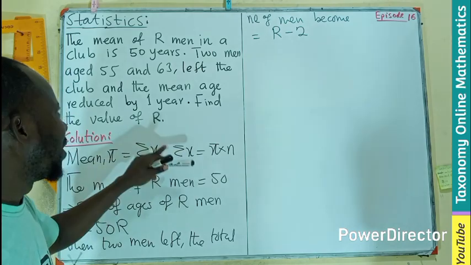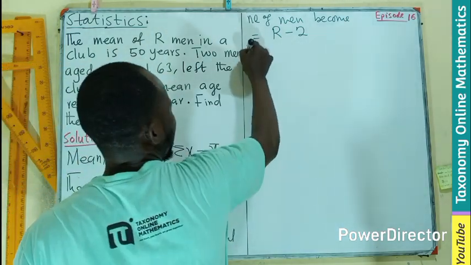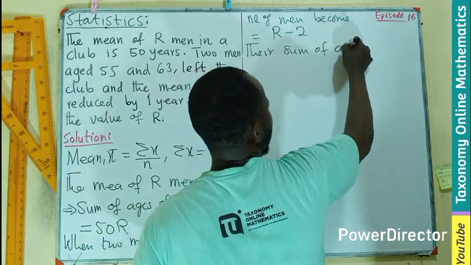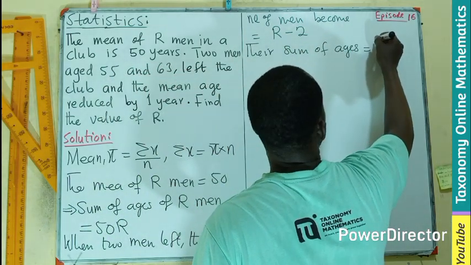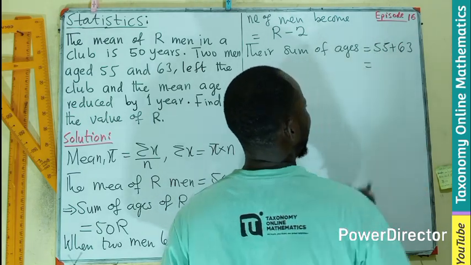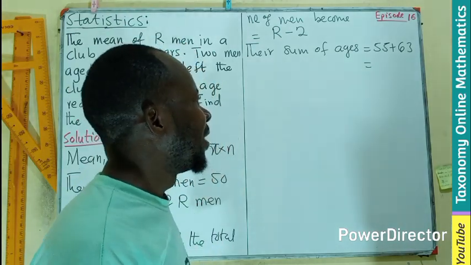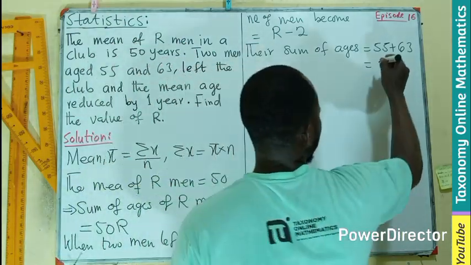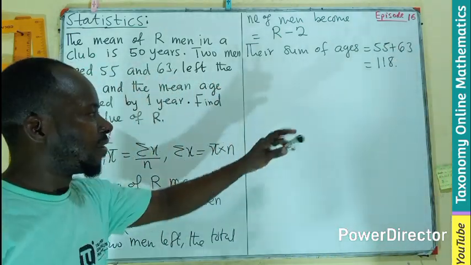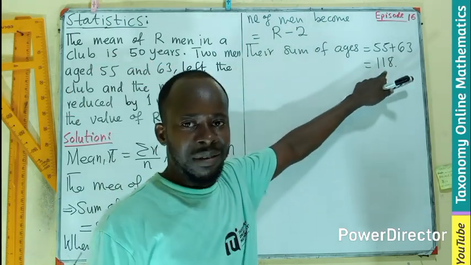So we can say that the sum of the ages of those who left will just be their ages, 55 plus 63, which is 118. So the sum of the ages of these people is going to be this.